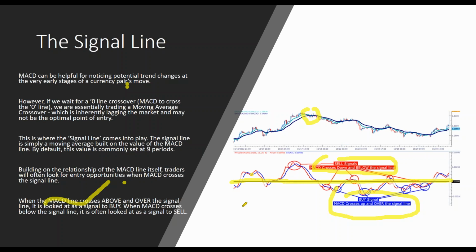Every time the MACD line, the red line, falls above or below the 0 line, or whenever it touches the 0 line, it tells you the two moving averages that were on the chart are now together.